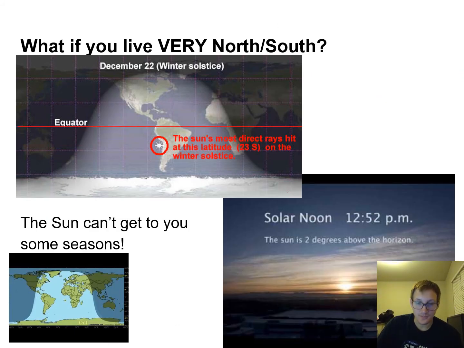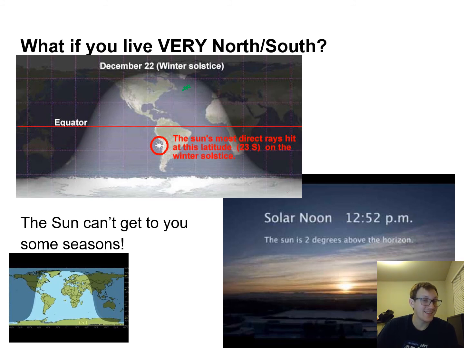Okay, so if you've ever heard, for example, in the northern parts of Alaska, of during the winter when they get literally maybe an hour of sunlight, this tilt is also why. Here's a graphic of this top one, of where the sun is illuminating at any given point.